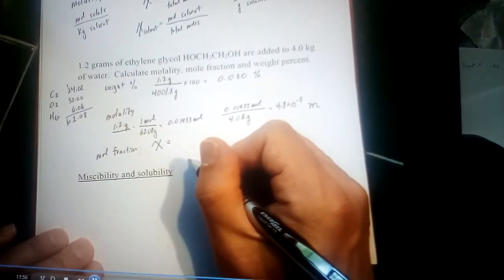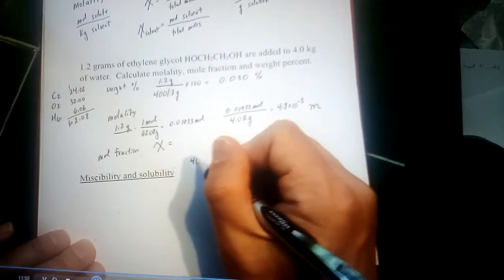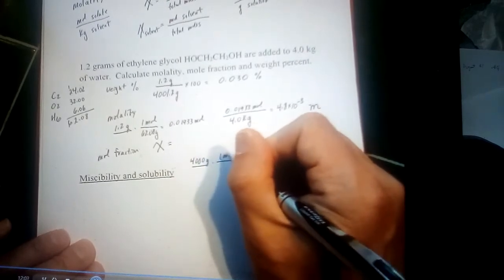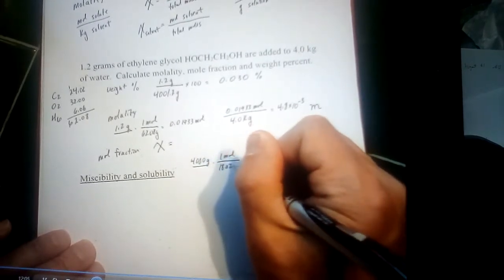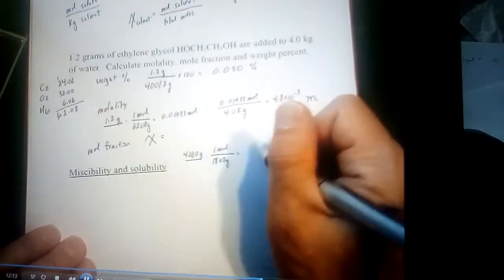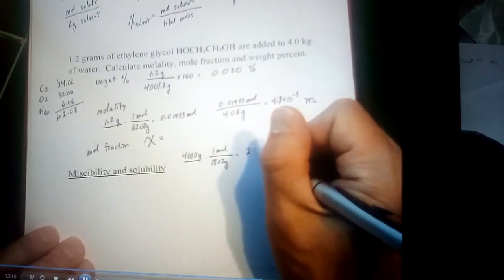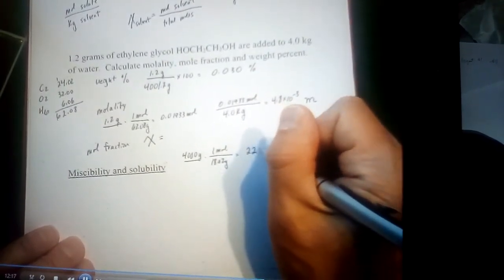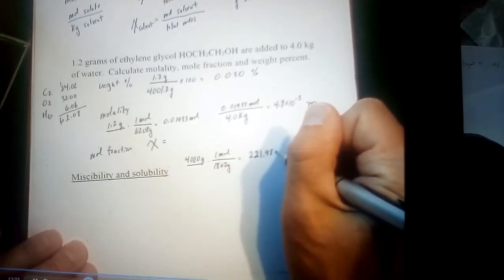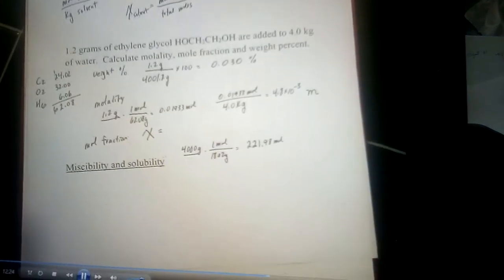So if I have 4 kilograms of water, that's 4,000 grams of water. And 1 mole of water weighs 18.02 grams. Which means that we have 221.98 moles of water.